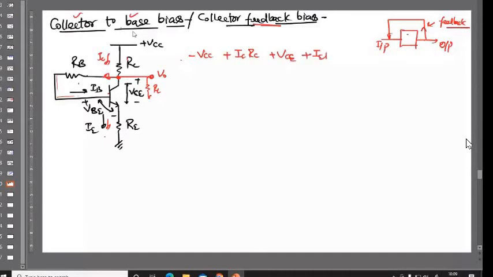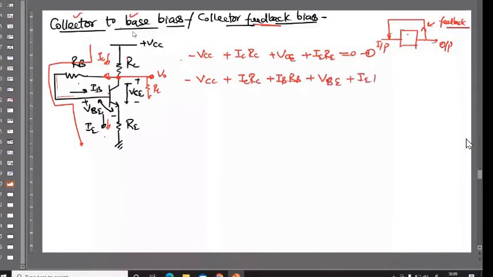At the input loop you can apply a similar equation: minus VCC plus ICRC plus IBRB plus VBE plus IERE equals 0.